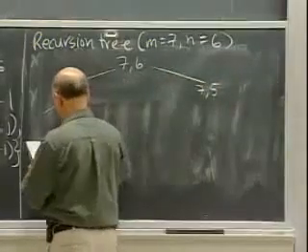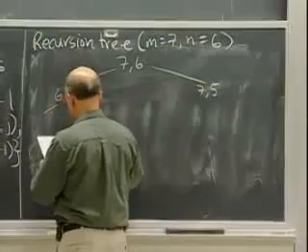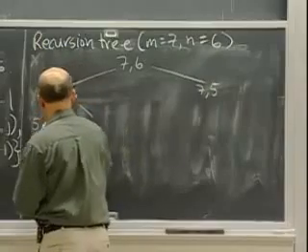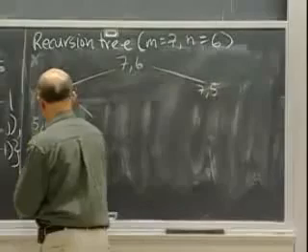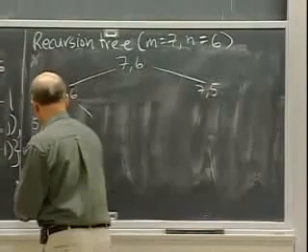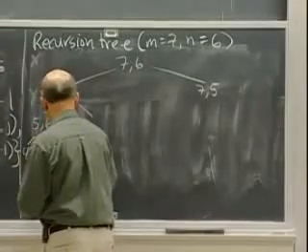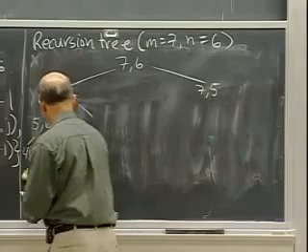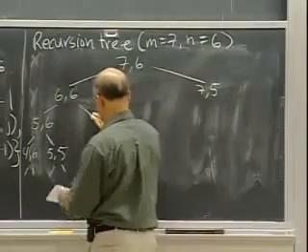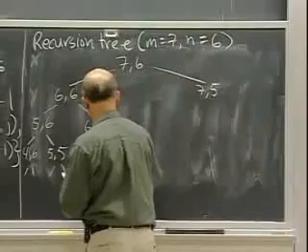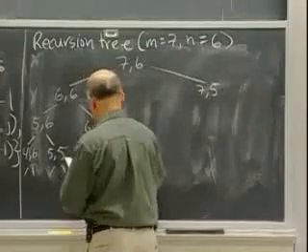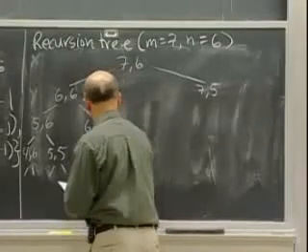And then this guy is going to split, and he's going to produce 5, 6 here, decrementing the first index, i. And if I keep going down here, we're going to get 4, 6, 5, 5, and these guys keep extending. Here I get 6, 5, 5, 5, 6, 4.